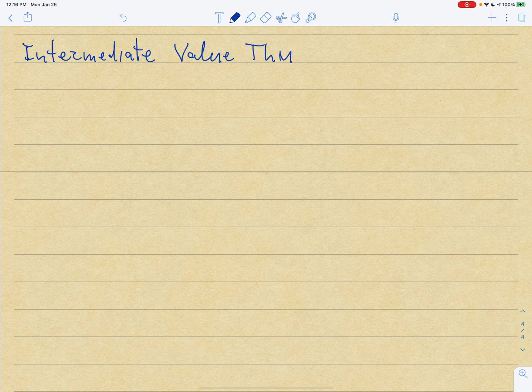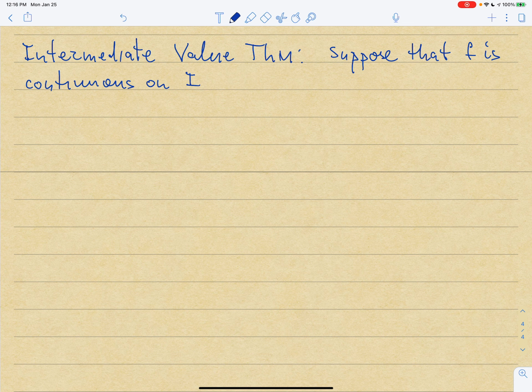We're going to suppose that we have a real valued function f that is continuous on some interval I.